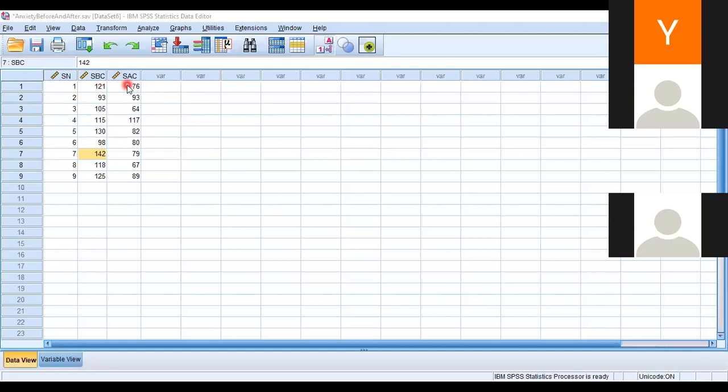Like for the knowledge questions you have, you put pre, and the other one post. You have to differentiate, because they are in different columns: pre, post, pre, post. It's for the same set of people that you did the pre and post.